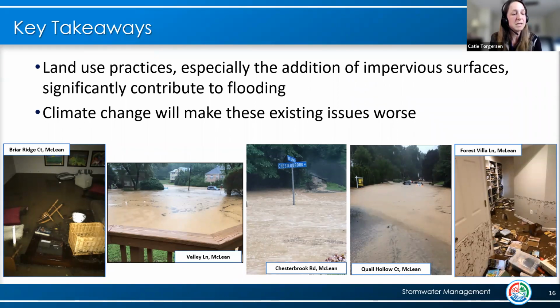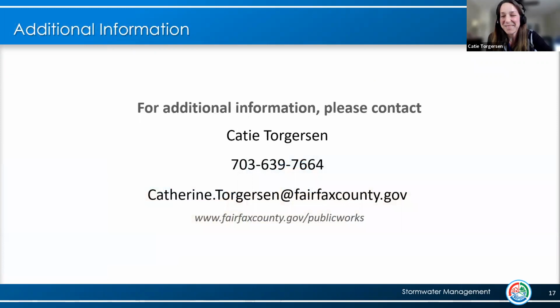So, I hope, armed with this increased understanding of why flooding occurs, we, the county and the community, can use this information to help inform our programs, our policies and regulations to help address flooding. And that's it. I can answer any questions.